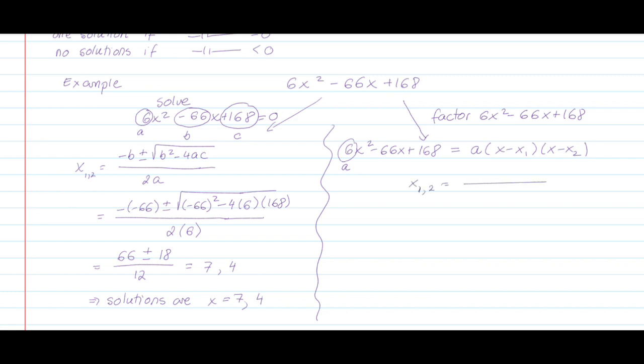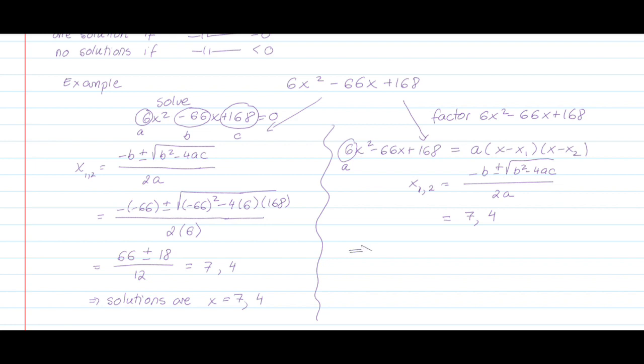Well, these are the roots of the quadratic equation. In other words, negative b plus or minus square root of b squared minus 4ac all over 2a. And I've already calculated those in the previous example. Those are 7 and 4.